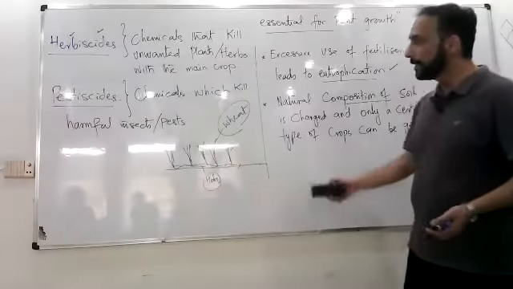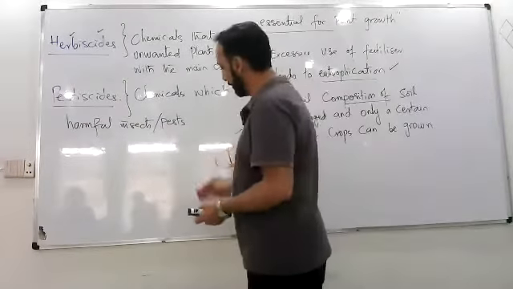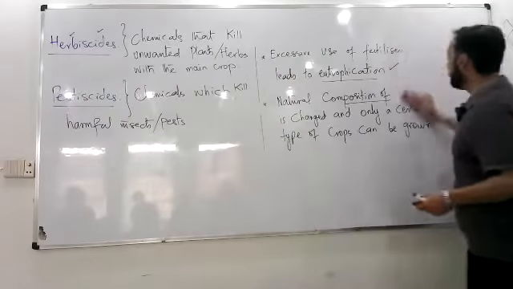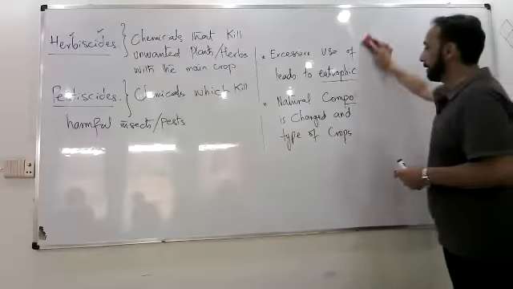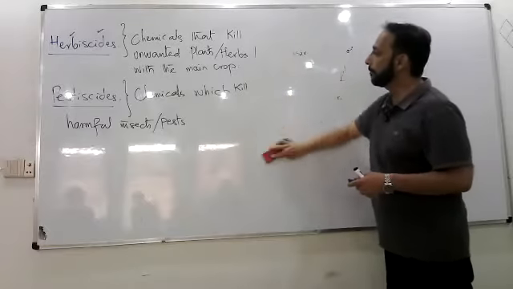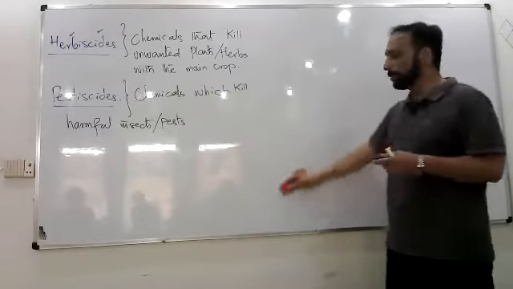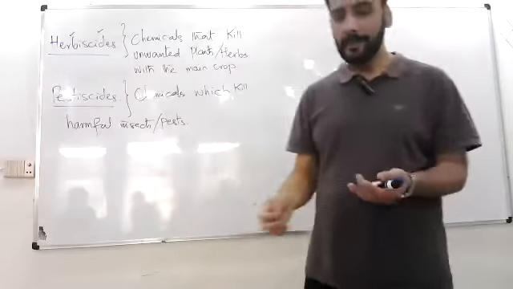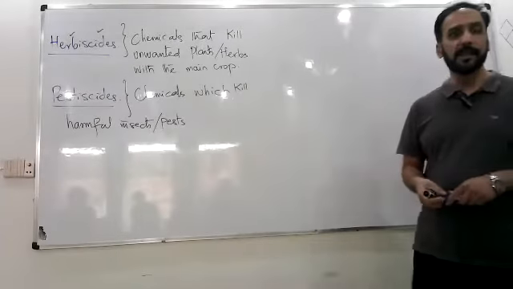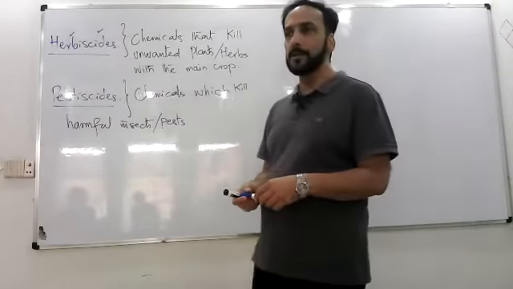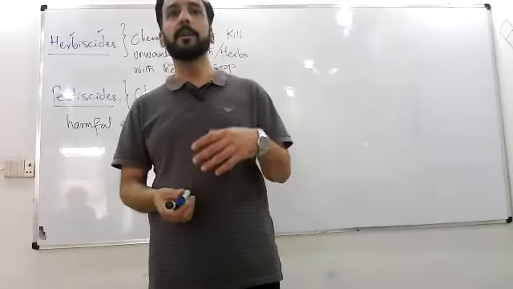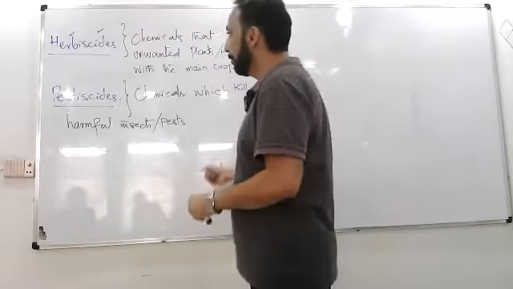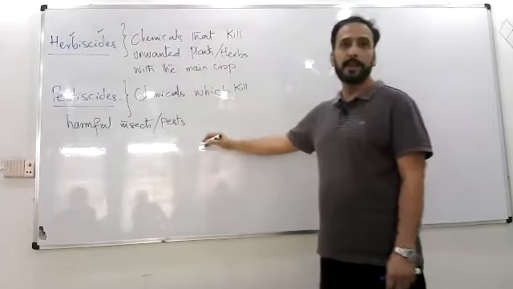But the major problem with the herbicides and pesticides is that both of these two chemicals are carcinogenic. And you know what is carcinogenic? You don't know? Very bad. Here's a general science term. A carcinogenic chemical is the one which can cause cancer, right? Cancer causing. So these are the uses of herbicides and pesticides.